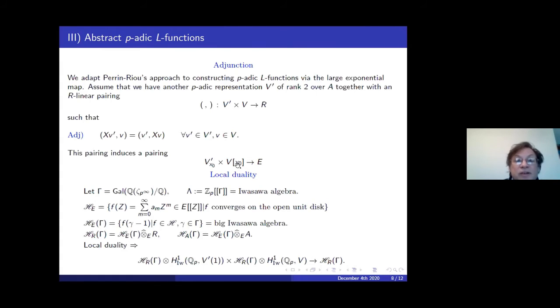Recall that V x0 in brackets is isomorphic to the specialization of V at x0, but this is a kernel of a natural projection on the specialization at x0.